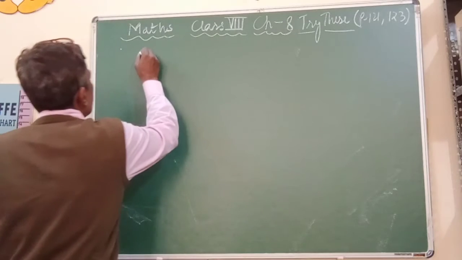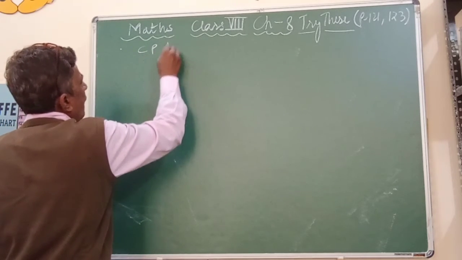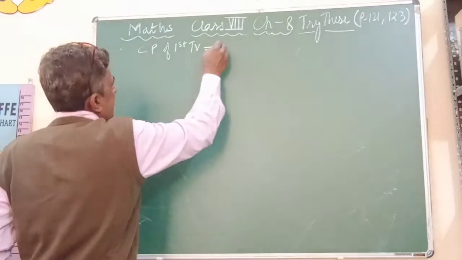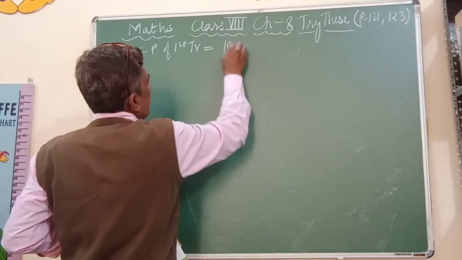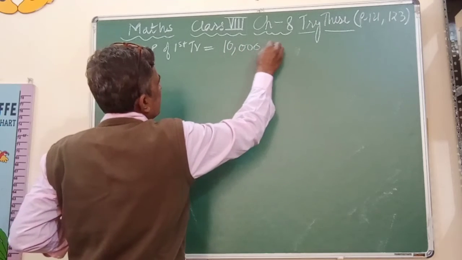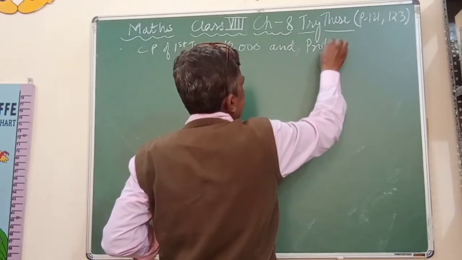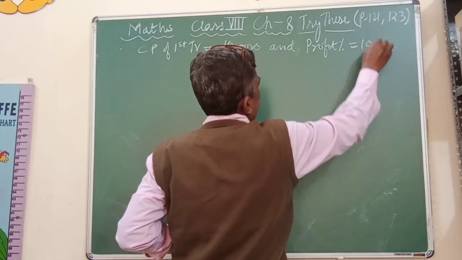Okay. CP, that is cost price of the first television, is rupees 10,000 and profit percent is 10%.